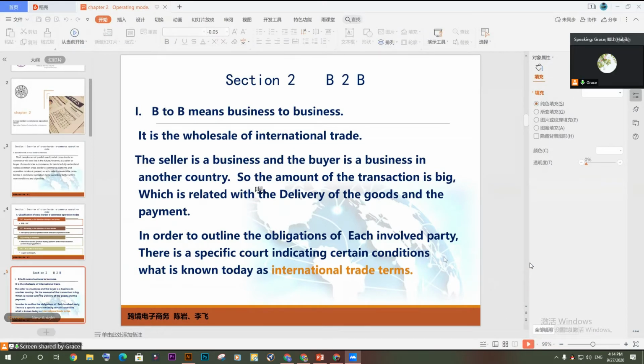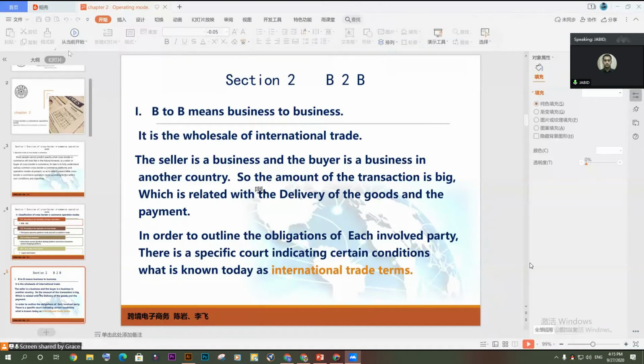So let's go back here. The second slide here. Section 1, overview of cross-border e-commerce operation mode. You have to change from the PowerPoint directly, otherwise we're not going to see the presentation.